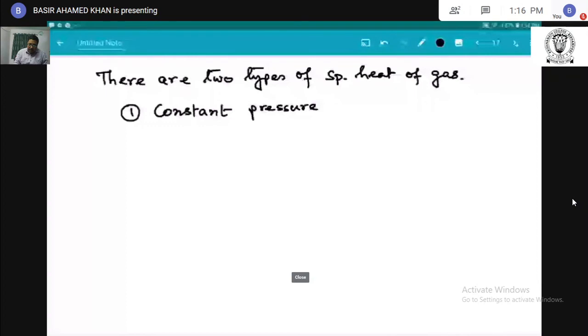This is called constant pressure, that means Cp, and this is constant volume, Cv.